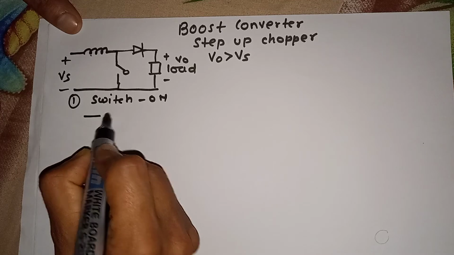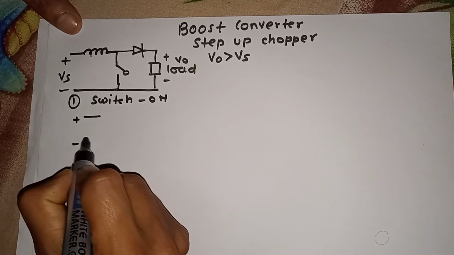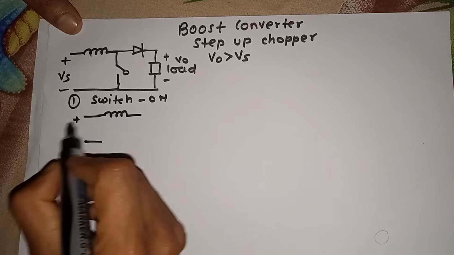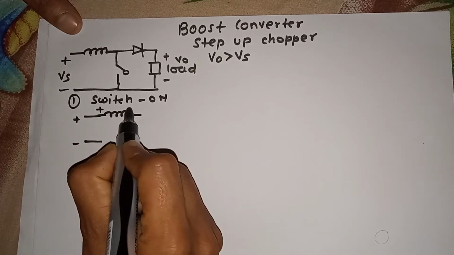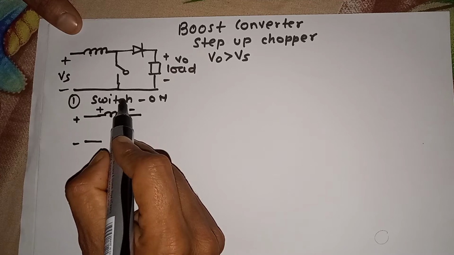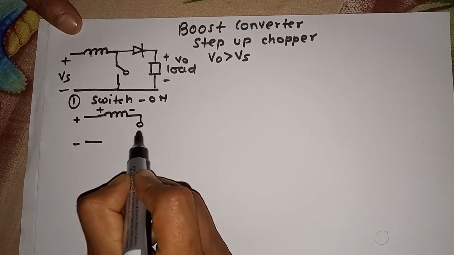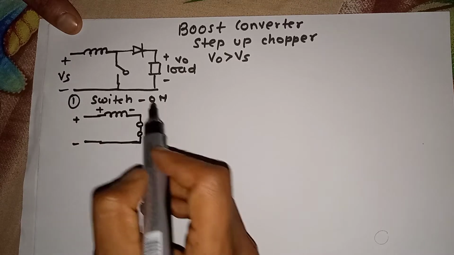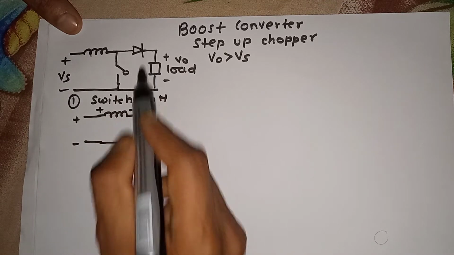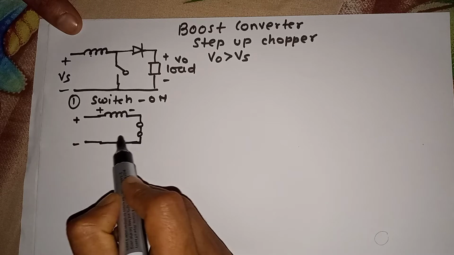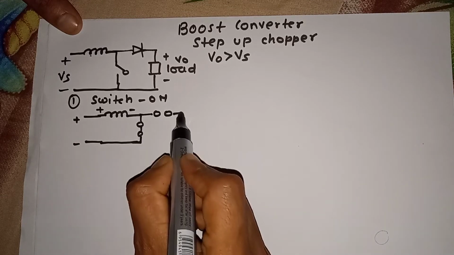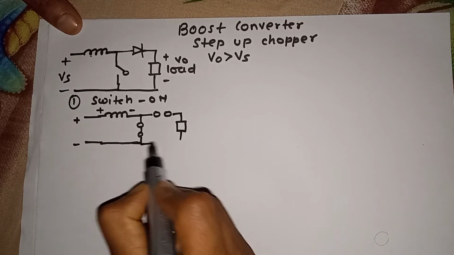When supply voltage is given to the circuit, the inductor starts to store energy. The polarity will be positive to negative. When the switch is on, it works as a short circuit. No current flows through the diode because the current gets the minimum path to flow, so the diode becomes an open circuit, and this is the load.